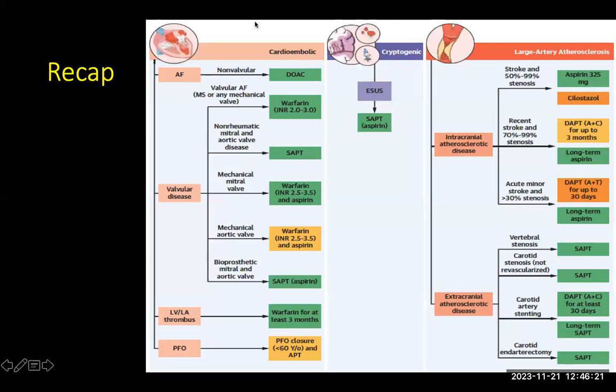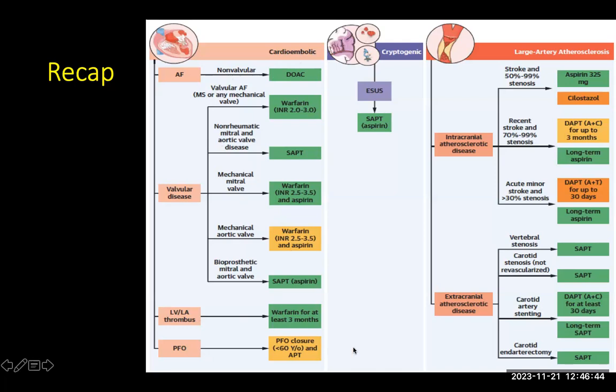And then just to summarize everything that we spoke about, your by and large long-term scheme of things is going to be dependent on what your stroke or TIA mechanism was. If you have non-valvular AFib, you're going to do DOACs. If you have valvular AFib, it's going to be warfarin by and large. If you have an LV thrombus, again, warfarin.